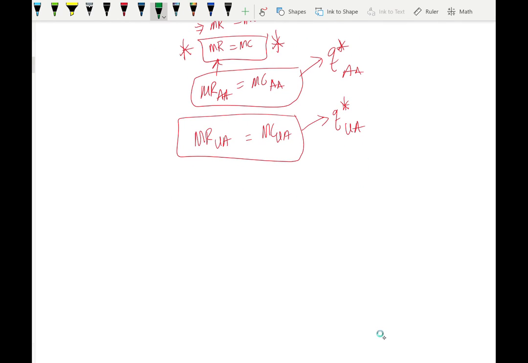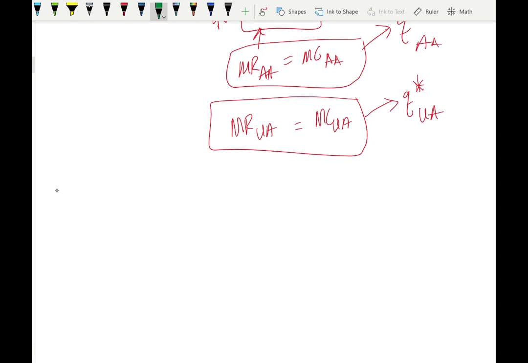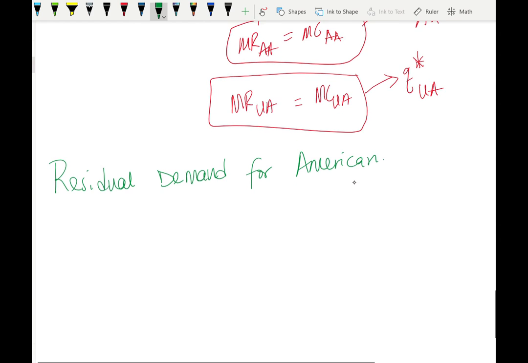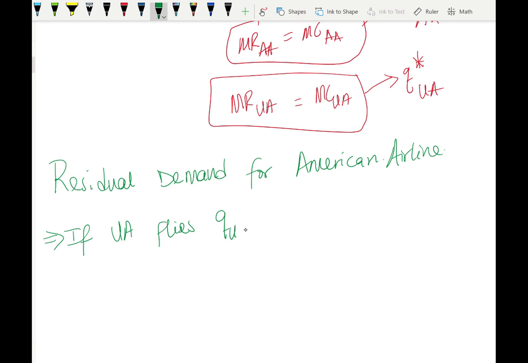Actually, let me label what we're doing here. We are now getting the residual demand for American. If United Airlines flies QU, whatever quantity they fly, then American Airlines will fly whatever is left.